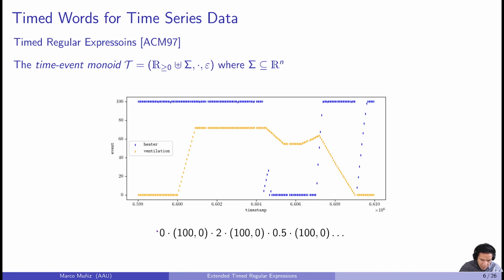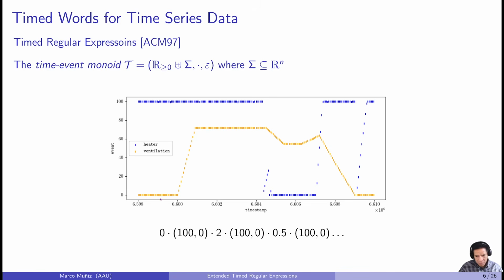We have the first element, the first duration of 0 concatenated with a vector with the values 100 and 0. Here we see that we have 100 in the heating and 0 in the ventilation. Then the next point is a duration of 2 time units have elapsed, and the values are again 100 and 0.